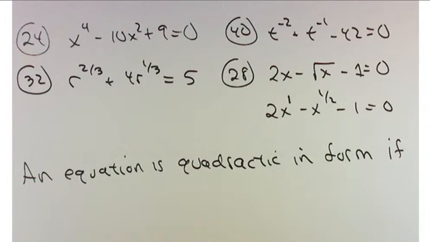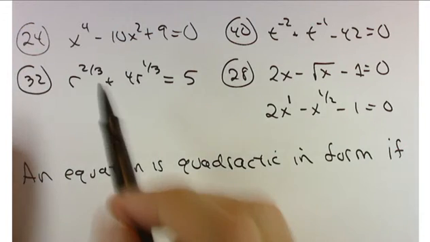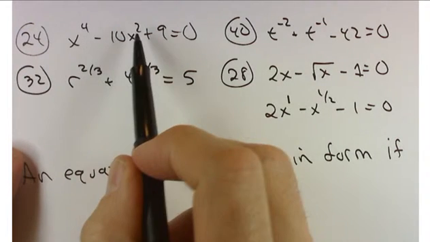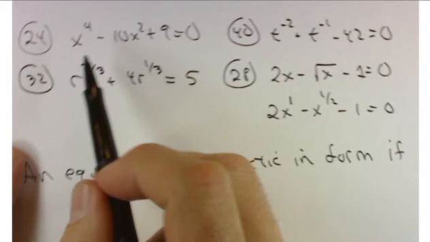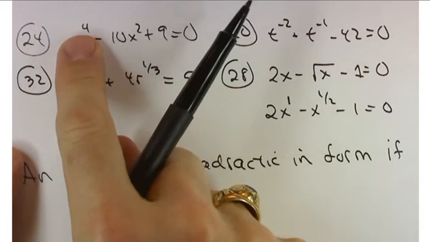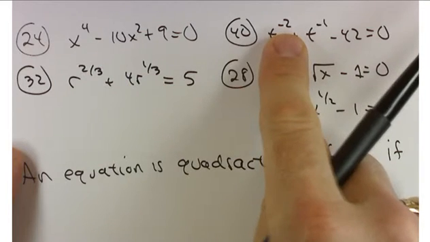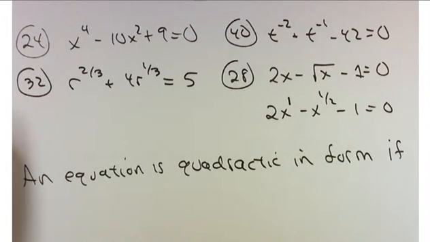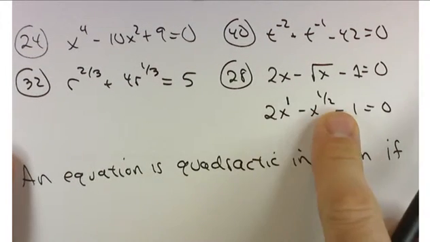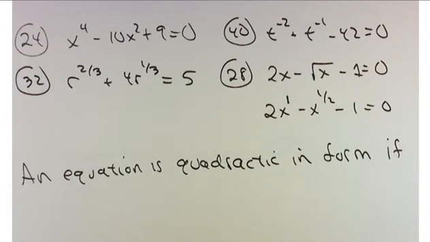Let me shift these. Okay, so the pattern is that the middle exponent is half of the leading exponent. So half of 4 is 2. Half of 2/3 is 1/3. Half of -2 is -1. Half of 1 is again 1/2. So that's the pattern. It's a pattern you're going to have to recognize.